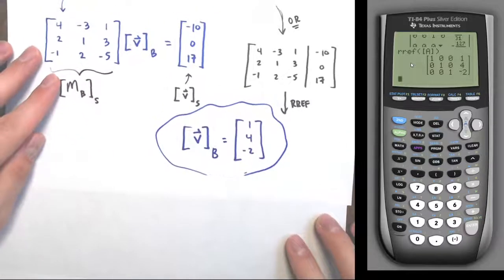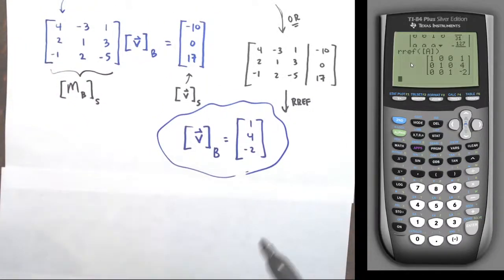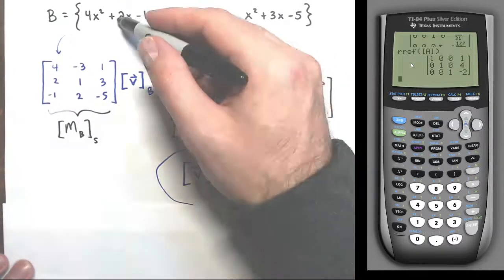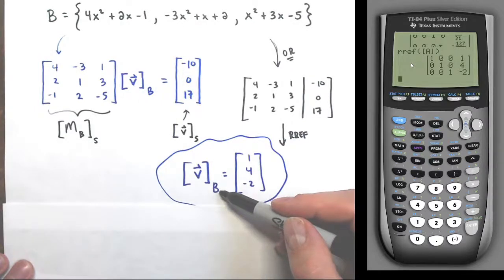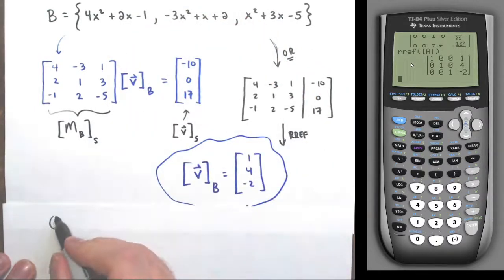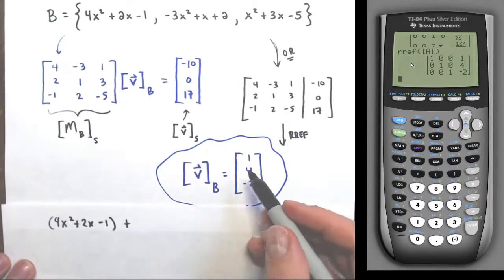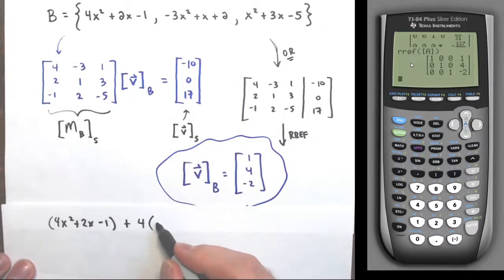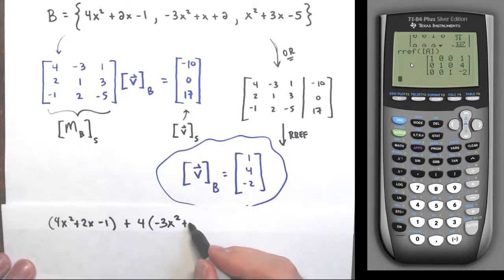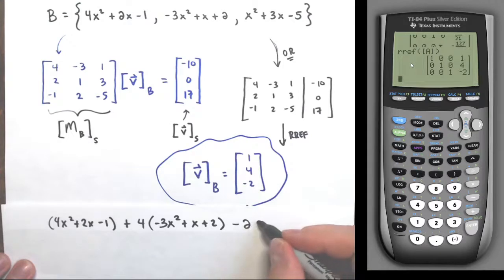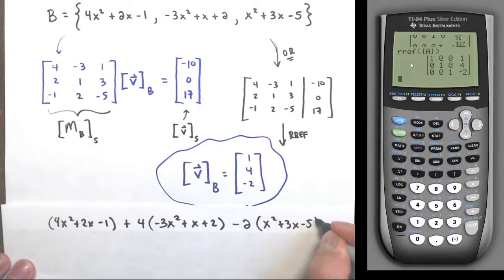Check on your own. This means that if I took one of the first vector from basis B, as it says in the subscript, so I take just 4x squared plus 2x minus 1, and then add to that 4 of the second vector, so 4 times negative 3x squared plus x plus 2, and then add to that negative 2, so minus 2 times the third vector in the basis, x squared plus 3x minus 5, that should be equal to vector v.